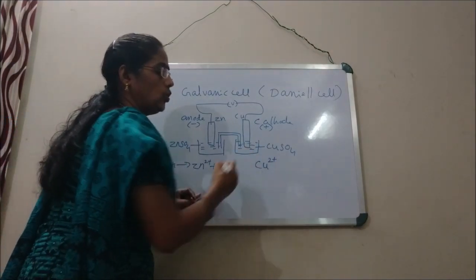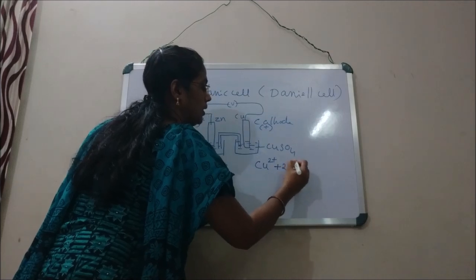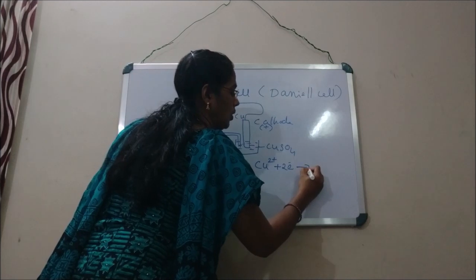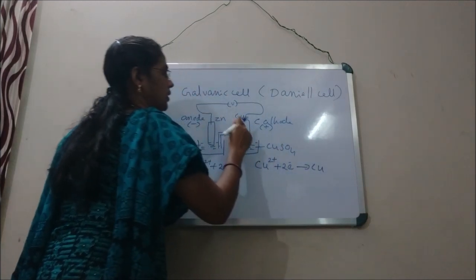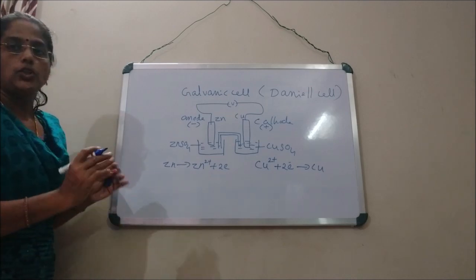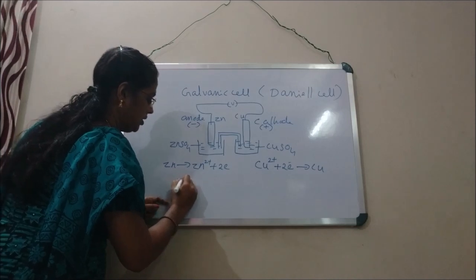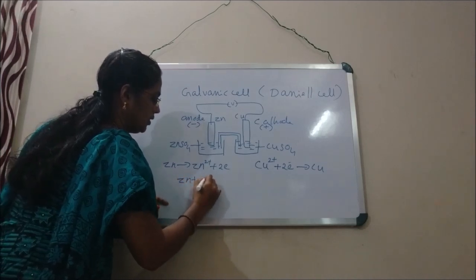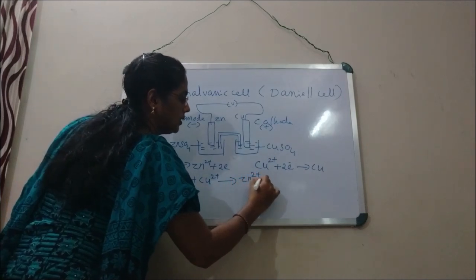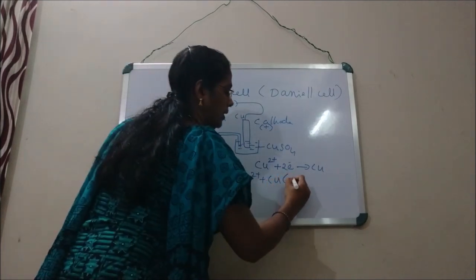That means Cu2+ ions gain the electrons obtained from the anode and become copper and are deposited at the cathode. By adding these two equations, we get the net reaction, and the net reaction is Zn plus Cu2+ gives Zn2+ plus Cu. This is the net reaction.